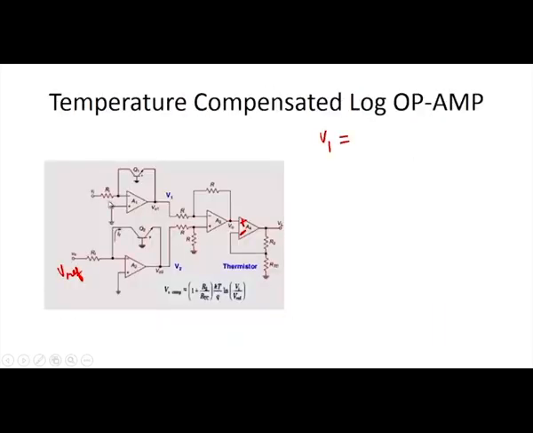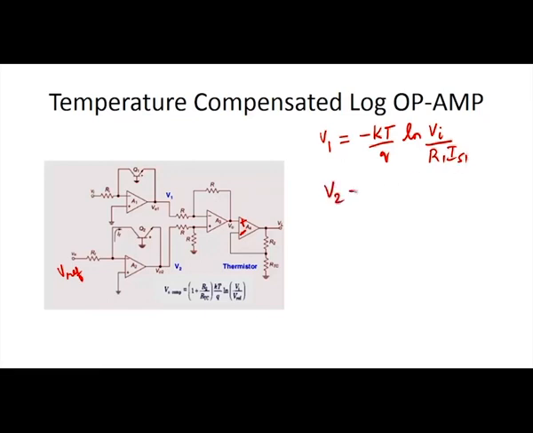In this case R1 is given and you can call the saturation current of A1 as IS1. So you can straight away write the equation for V1, the output of the logarithmic amplifier A1, as KT by Q natural logarithm of Vi, the input voltage, divided by R1 IS1, where IS1 is the saturation current of the amplifier A1.